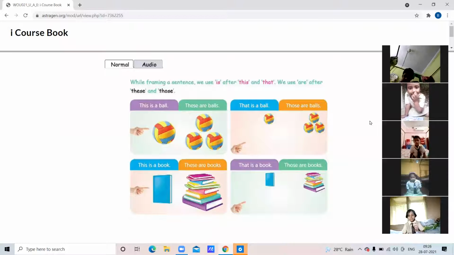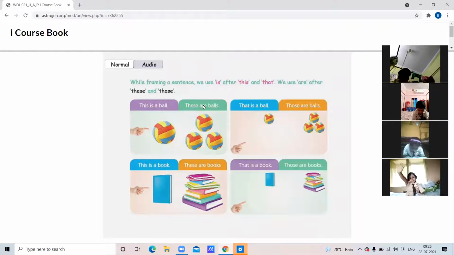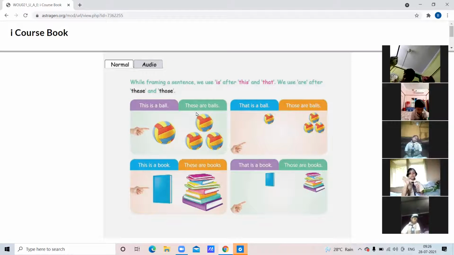Thank you, ma'am. Welcome, Prakriti. This is a ball. These are balls. That is a ball. Those are balls.